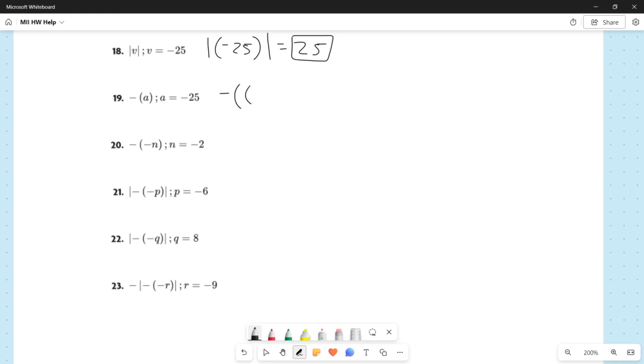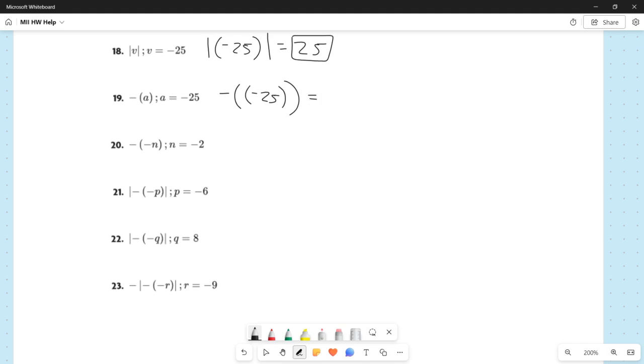So now I've encountered the a, so I'm going to introduce parentheses. I'm going to write my number, which is negative 25, and close the parentheses because I'm done plugging in for a. Now I go back to my expression, and my expression has a closing set of parentheses in it. So we're just being very precise and methodical here.